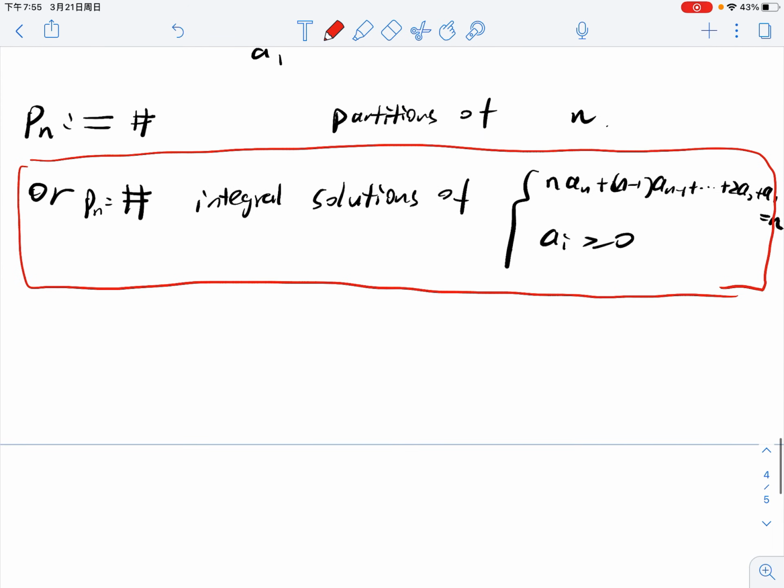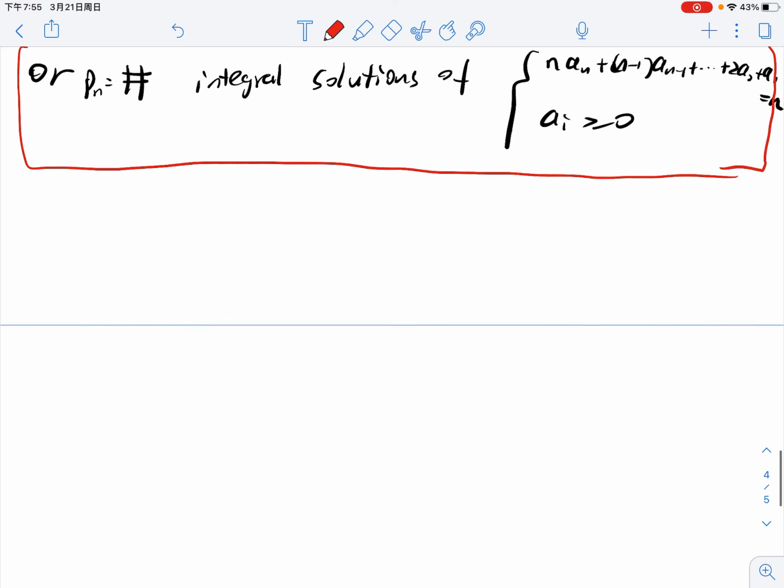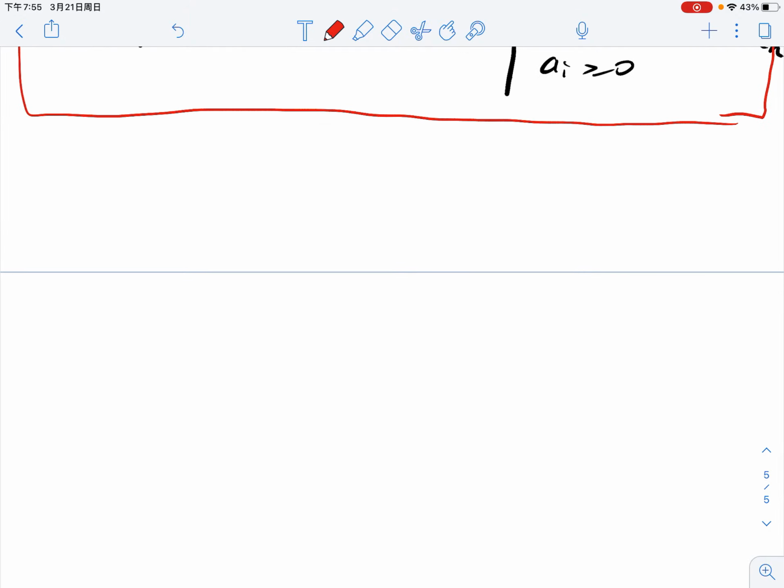Similarly, you can also define some special partitions, like partitioning an even number into several parts such that each part is also an even number. In that case, you should change the coefficients to even numbers, 2n, 2n minus 2, 2n minus 4, all the way to 2. Or you can do whatever you want according to your expectation.